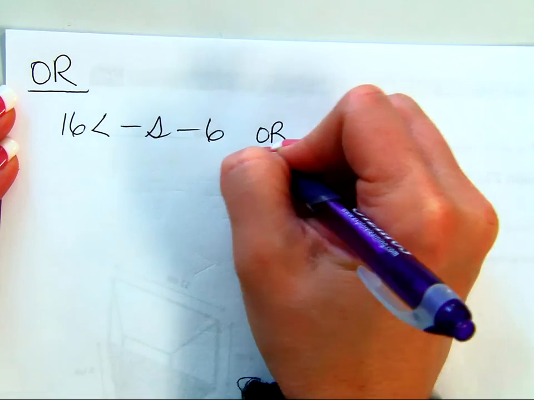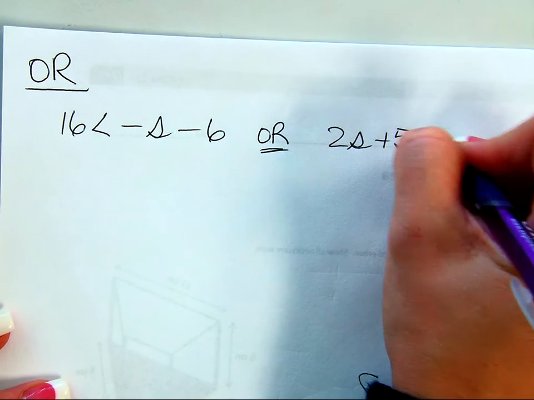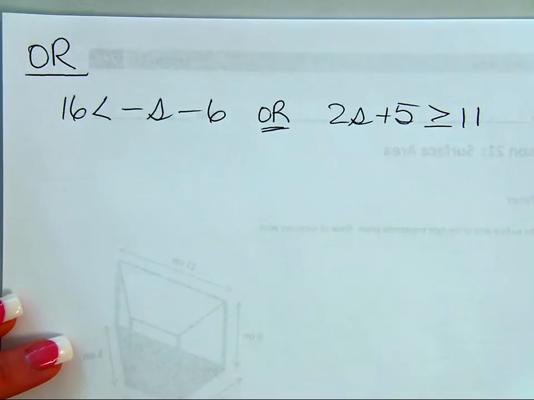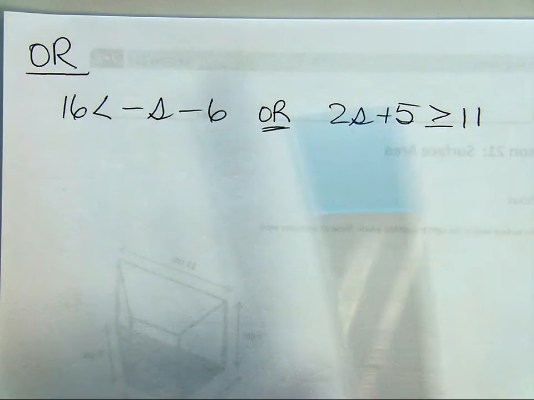Or, you're going to have to see that word there, 2s plus 5 is greater than or equal to 11. They have nothing to do with each other. They don't share a common x plus 5. They're two totally separate problems. That's how ORs are treated. You've done this before, right?